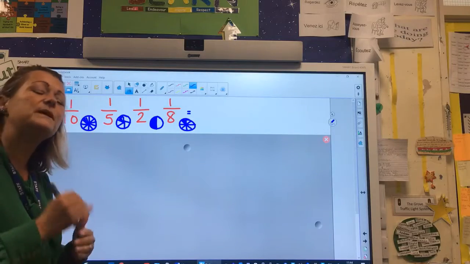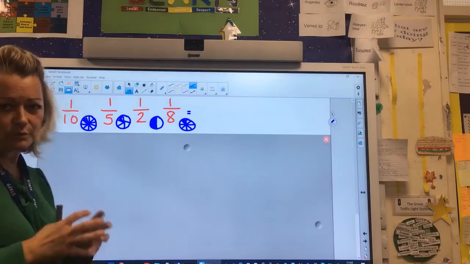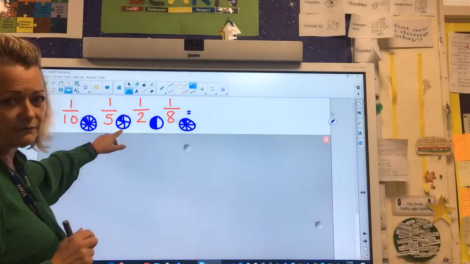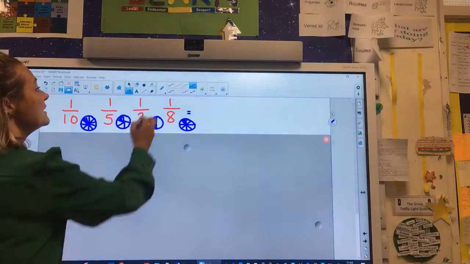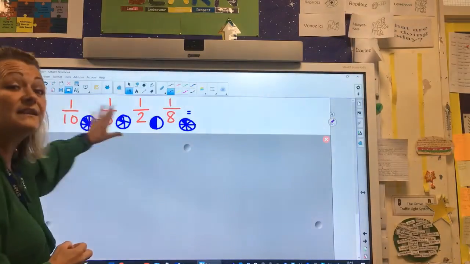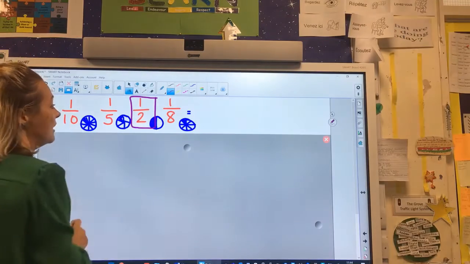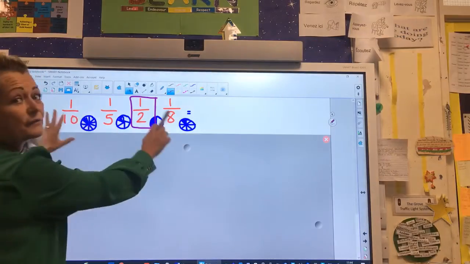That means that each piece was made smaller. It had to be shared into more pieces, so it's smaller. So when we're dealing with unit fractions, it's a tricky one to get your head around, but actually the biggest fraction in our list here is this one, because 1/2 is bigger than any of these other fractions.